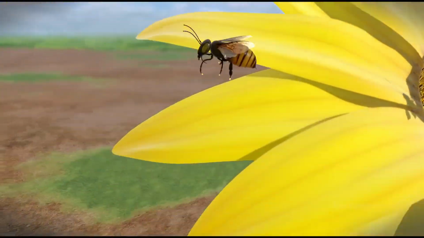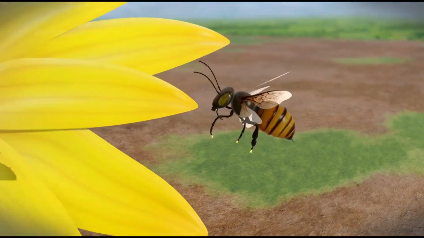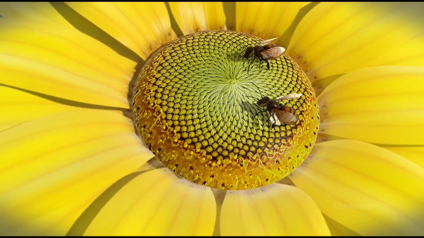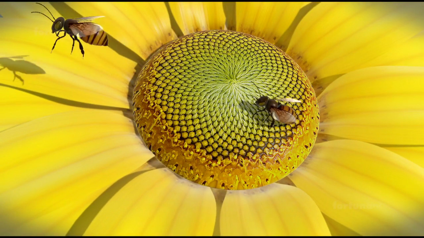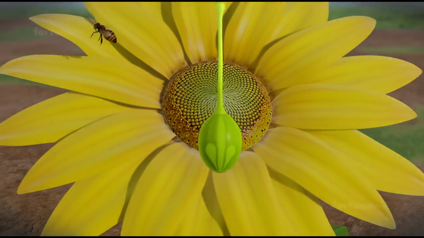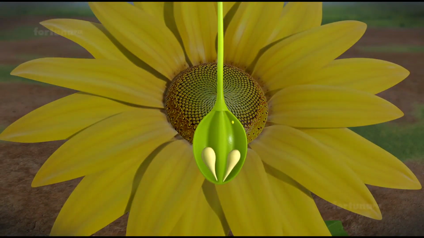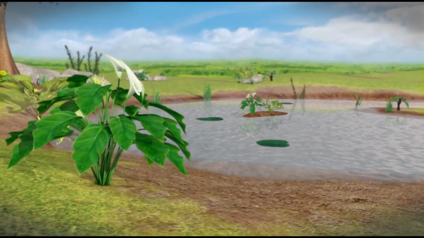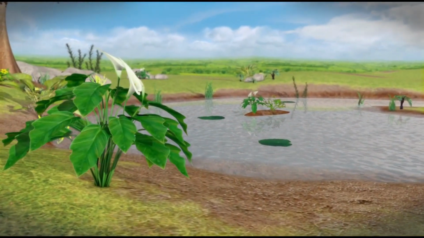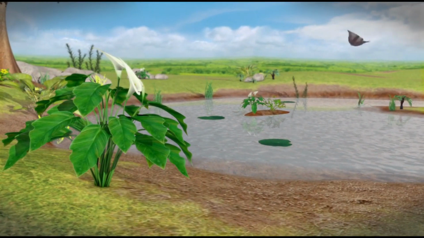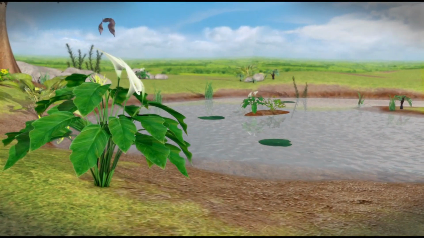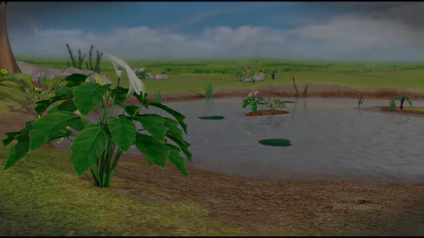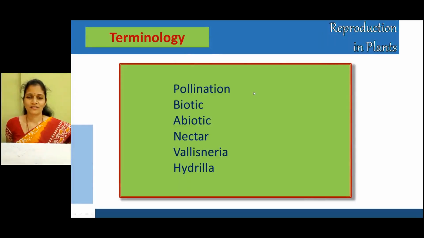As the bee travels to another flower, it will leave behind some of the pollen when it stops, and this will be collected by the stigma. Eventually, the male pollen will unite with the female ovule during fertilization, and the ovule will become a seed. Besides insects, wind, water, and other animals such as bats also help in cross-pollination. Hope you all have enjoyed the video, children.